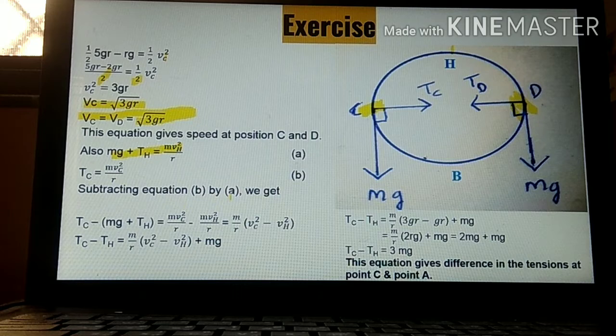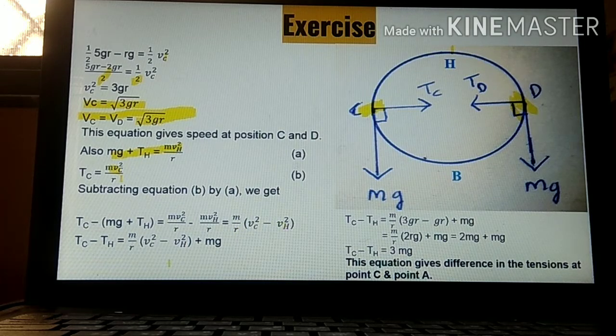If we subtract B by A, what will we get? Tc minus mg plus Th is equal to m vc square upon r minus m vh square upon r. We can take m upon r common, into brackets vc square minus vh square.